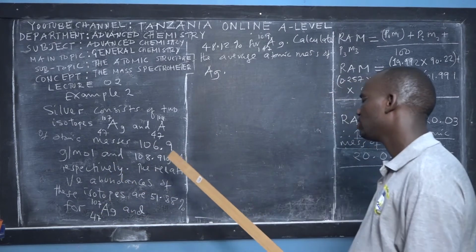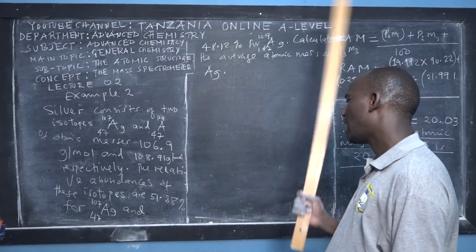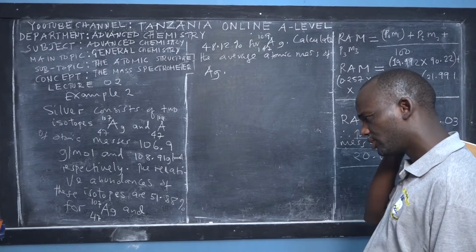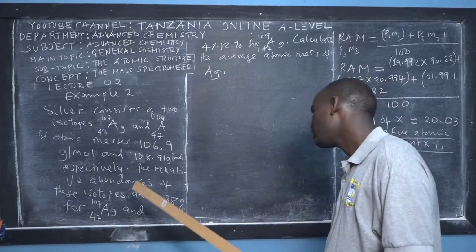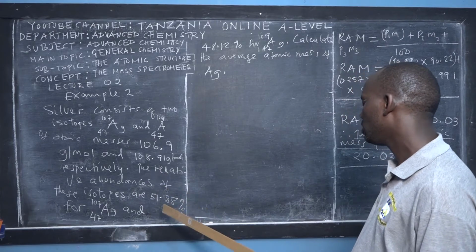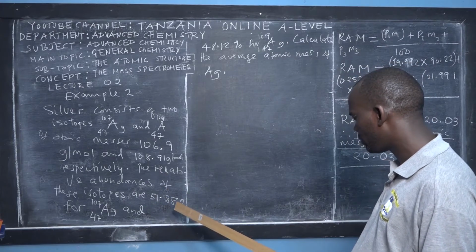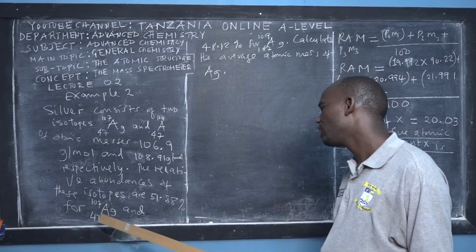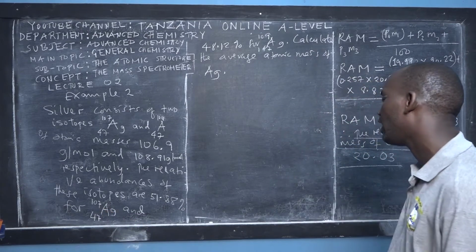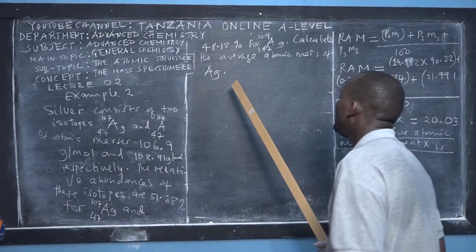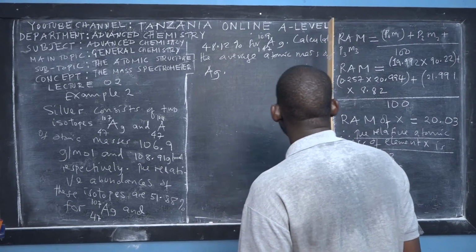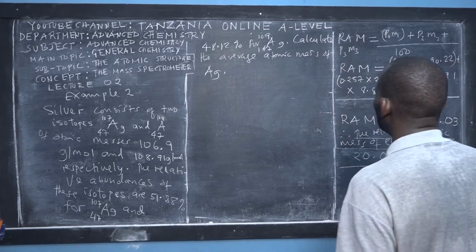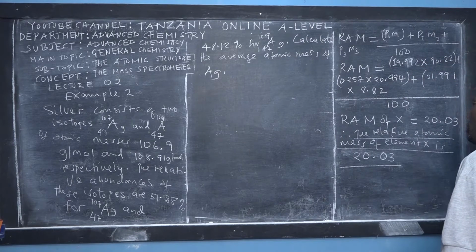The relative abundances of these isotopes are 51.88% for one silver isotope, and then 48.12% for the other. We have to calculate the average atomic mass of what?